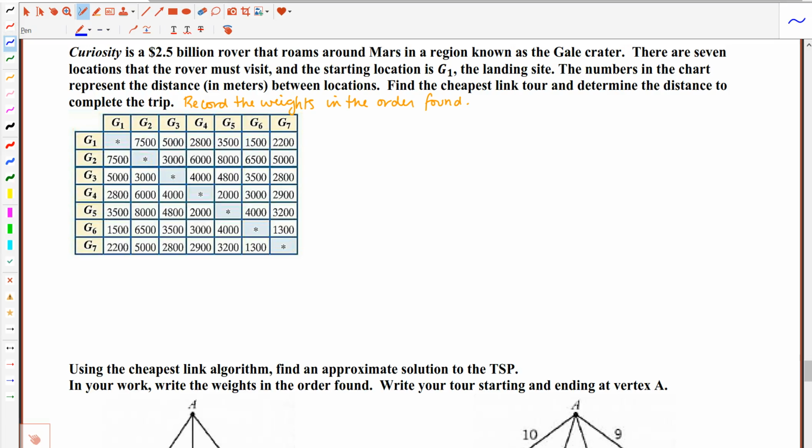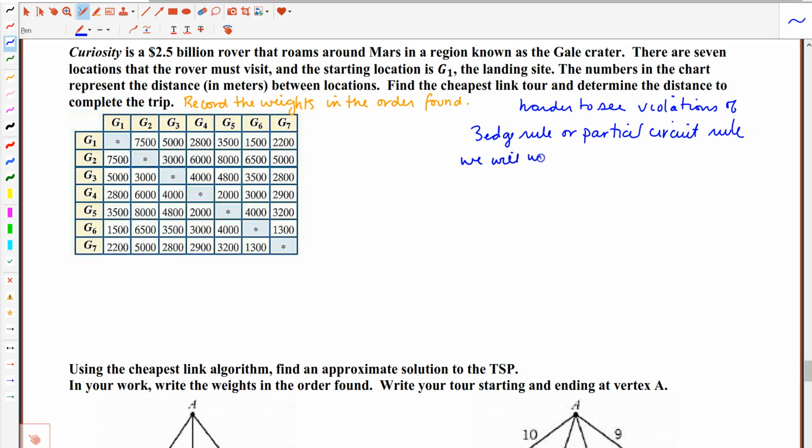So on this type of problem, since it is harder to see the violations of that 3-edge rule or the partial circuit rule, we are going to use an auxiliary graph to help keep track of the connections that we're making.